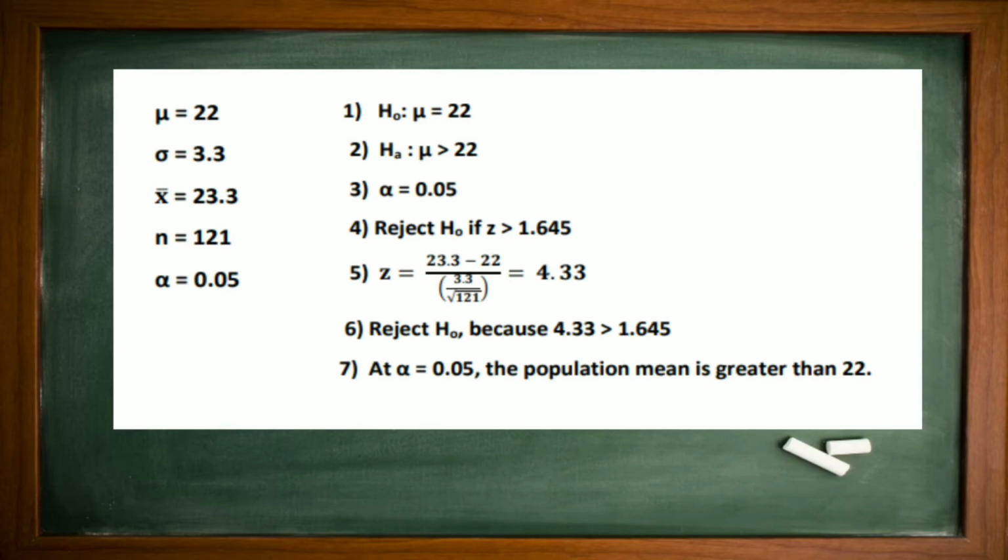Meron tayong population mean, which is 22. Meron tayong population standard deviation, which is 3.3. Meron tayong sample mean, which is 23.3. Meron tayong sample size or n, which is 121.